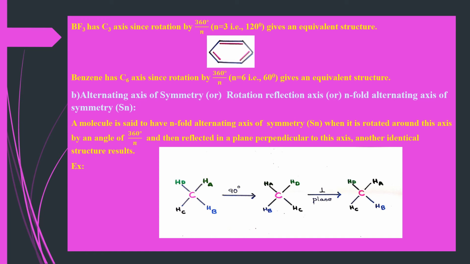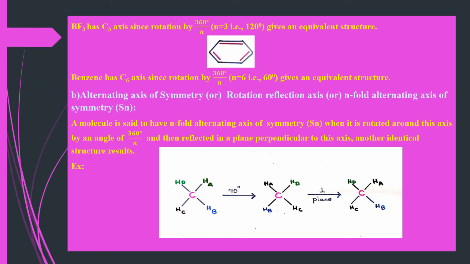Now the question is, after how much angle does it appear identical? 360 by 6. That means after every 60 degrees, we can find the equivalent structure of benzene. Hence we say that benzene has C6 axis of symmetry.